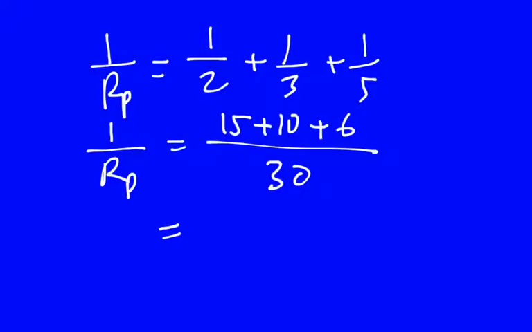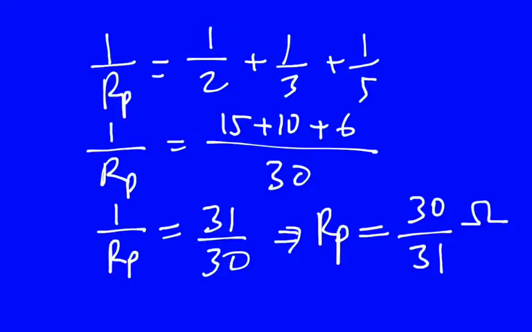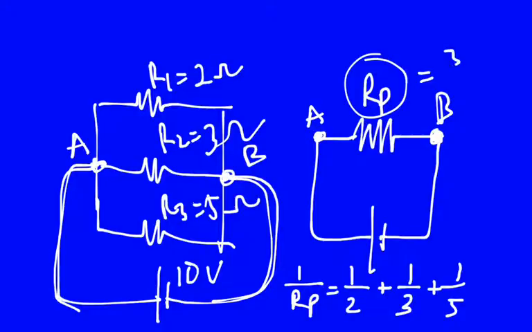Yes. So that will be 31 over 30. So that's 1 over RP. Therefore, your total resistance will be 30 over 31 ohms. Okay, so this one is 30 over 31 ohms.